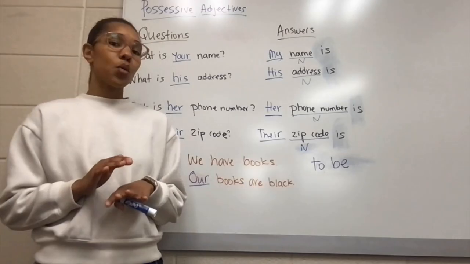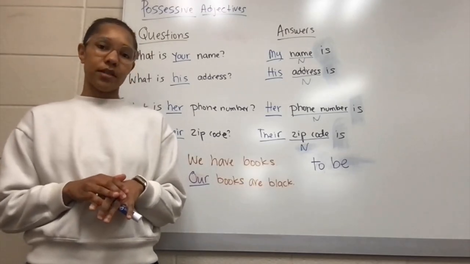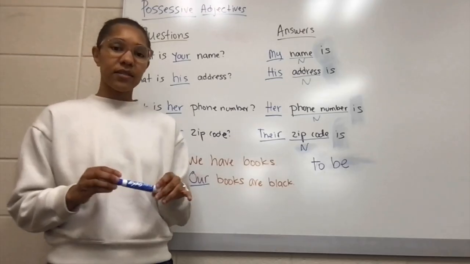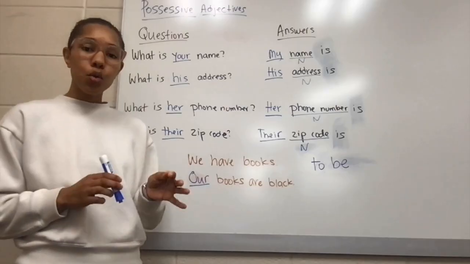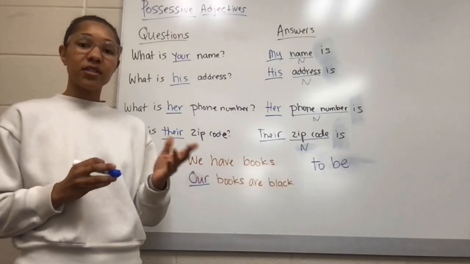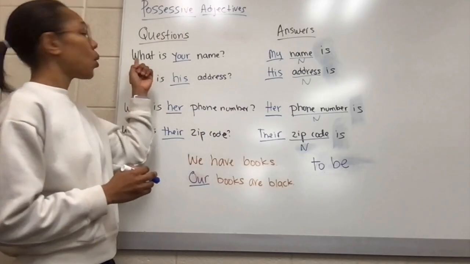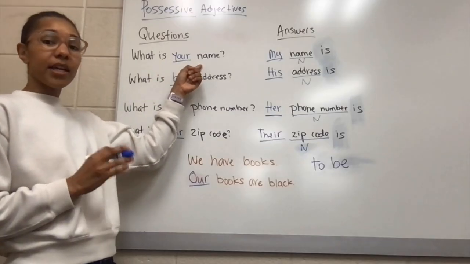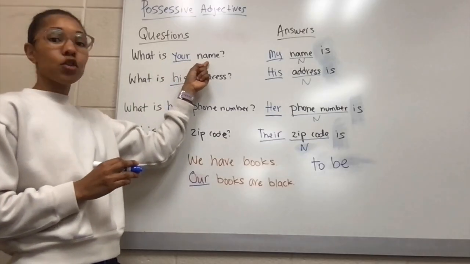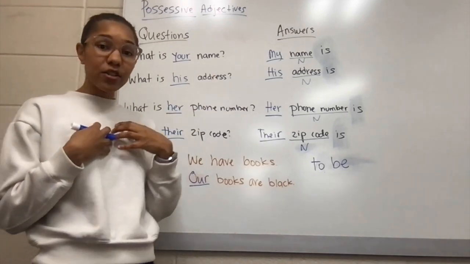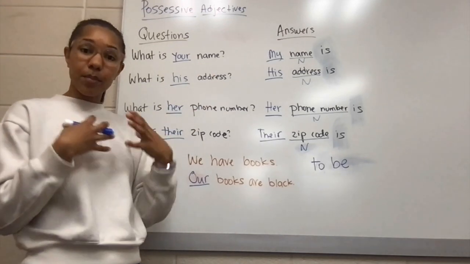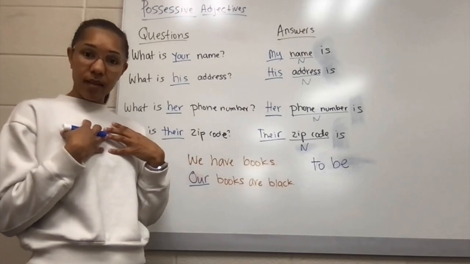Good job. So why do we use possessive adjectives? Possessive adjectives help the person listening to us know who is in ownership of something. For example, what is your name? Here we're talking about name. So we're asking about your name. So when you say my name, that's showing that my name, it belongs to me, is Melanie.